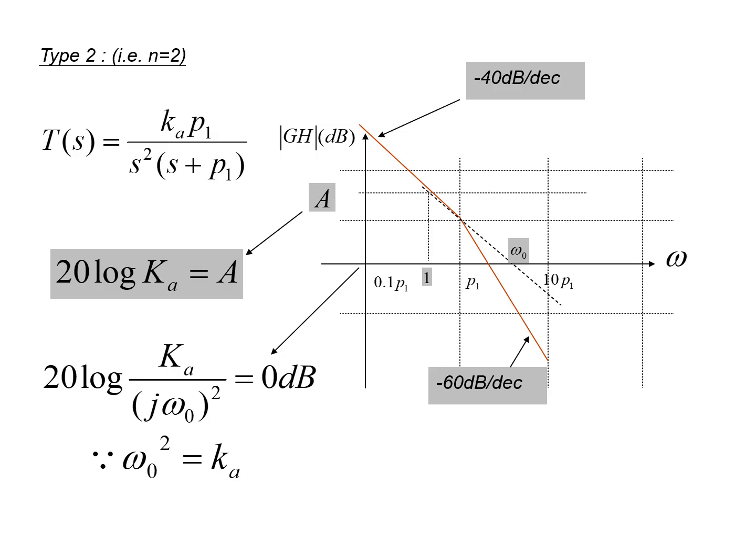We get the condition, 0.1p in this part and 10p in this part, it means omega equal to 10p. This is the graph. From here it decreases, minus 20 dB, minus 60 dB per decade.